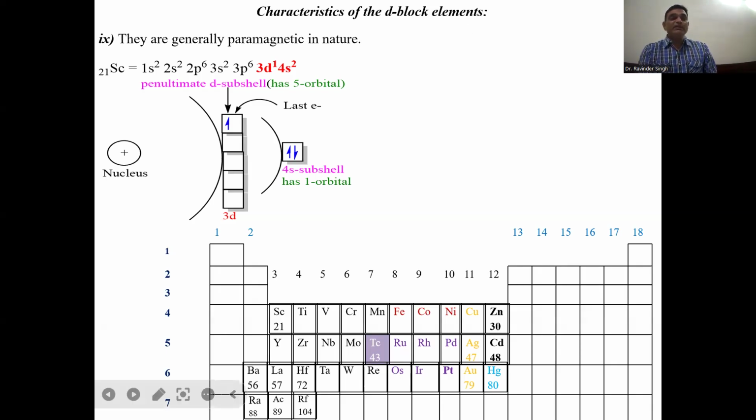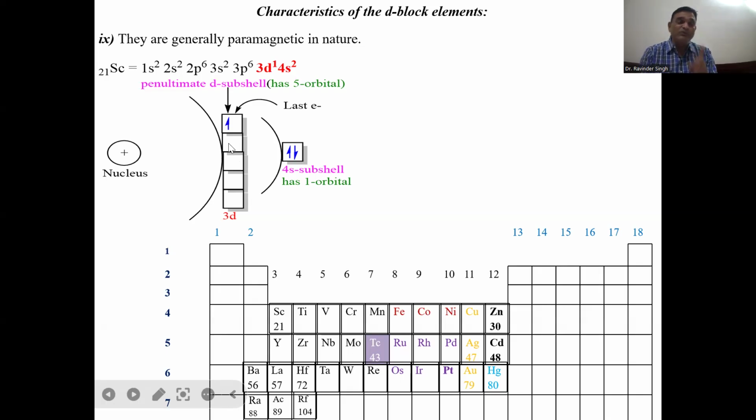You can explain the paramagnetic nature of all the elements like that. Just write down the configuration and see whether an unpaired electron is present or not. On moving from scandium to zinc, in scandium one electron is present in 3d1: one unpaired electron, paramagnetic.